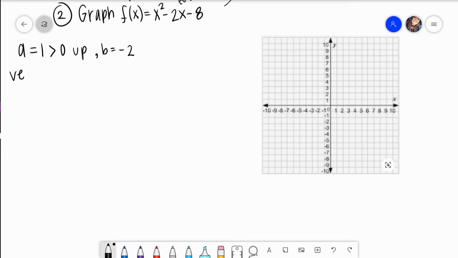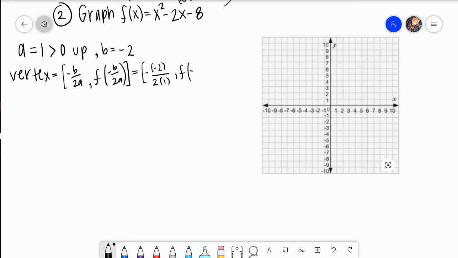Sorry. Okay. Now we're going to figure out what the vertex is. To figure out the vertex, what I have to do is negative b over 2a, comma, plug that into my function. This is why I needed to know the values for b and a. I get a negative and then a negative 2 over 2 times 1, and that's going to be the same thing right here, negative 2 over 2 times 1.